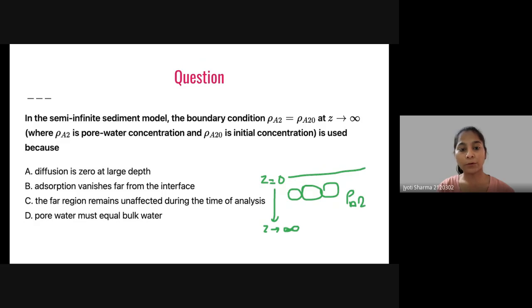So in the pore water we have the pore water concentration, and then rho A2 0 is the initial concentration that we actually have. So we have two things, rho A2 and rho A2 0. You have to tell me why these are equal to each other when z is approaching infinity.